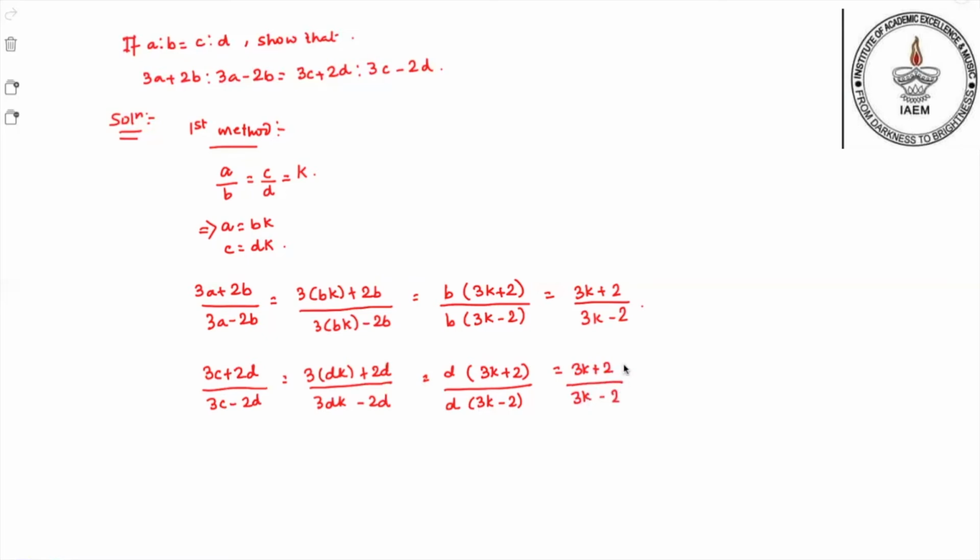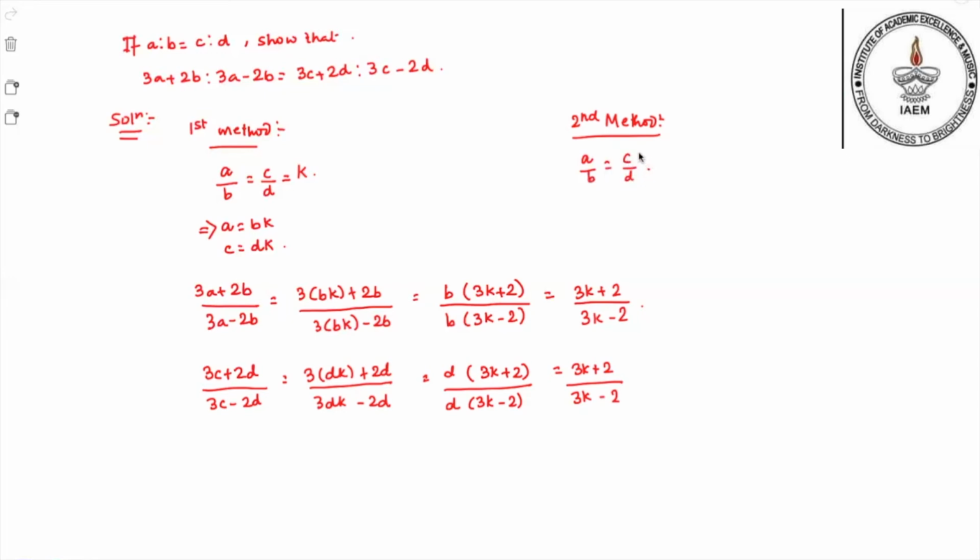Hence, we have proved that the terms are equal because 3A plus 2B is to 3A minus 2B is the same as 3C plus 2D is to 3C minus 2D. If we move on to the second method, it is given A by B equals C by D.